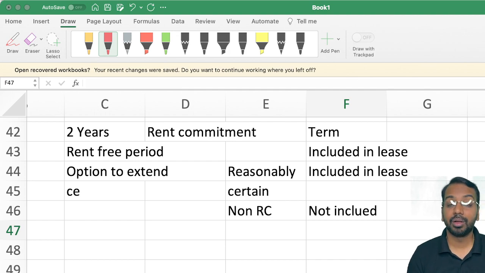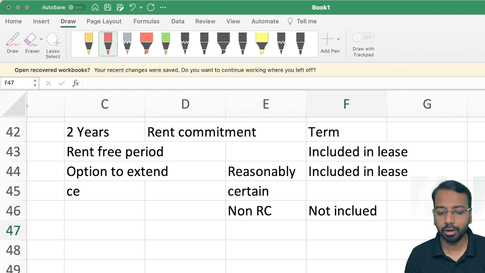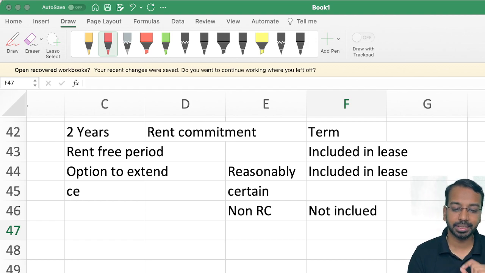Initially we said we will terminate, we did not exercise the termination option, in that case also we will revise the lease term, right? Now this gives us a broad aspect about lease term. The most important part you need to remember is this: what is the lease term? An option to extend, whether we'll include; an option to terminate, whether we'll include or exclude.